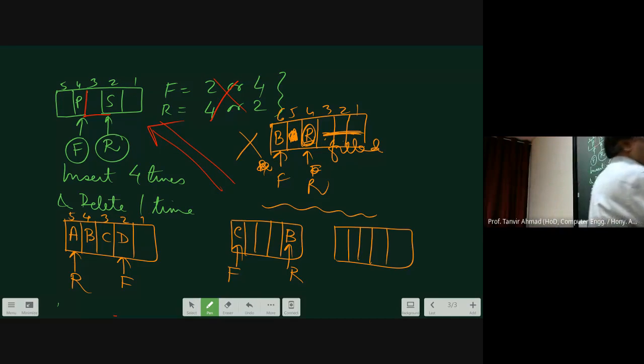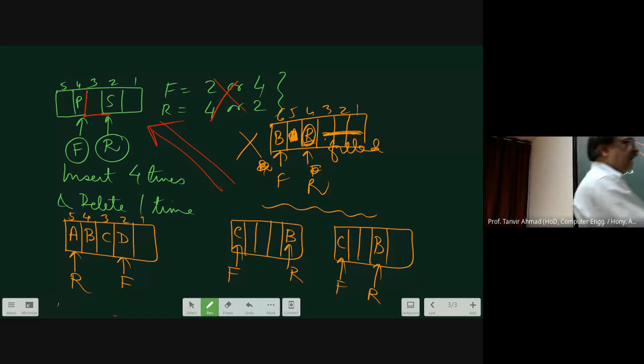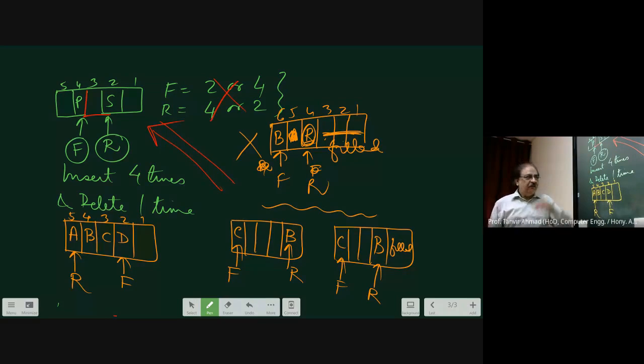But if I write over here B and C with F and R, it is not valid. Because if B is here, this must be filled. You cannot skip the previous one and come to the next one and fill it over there.